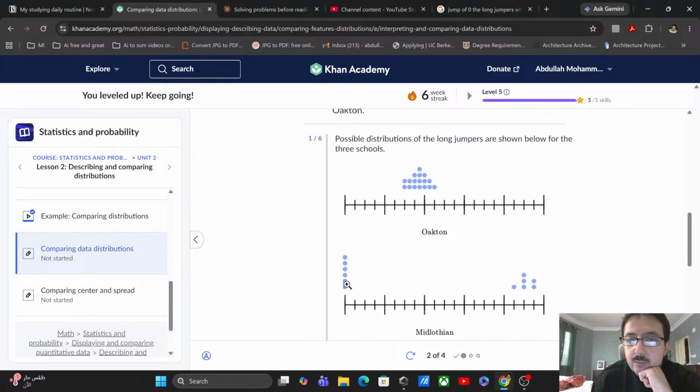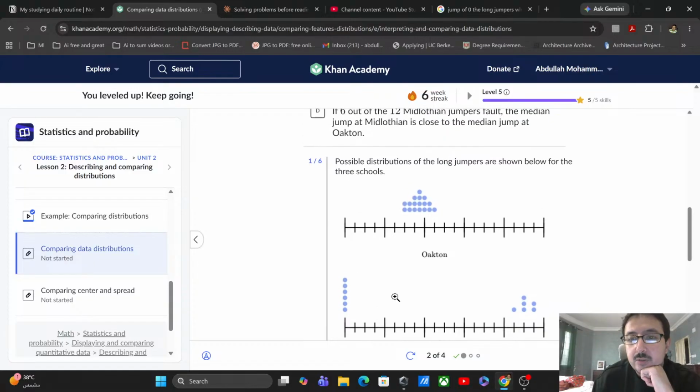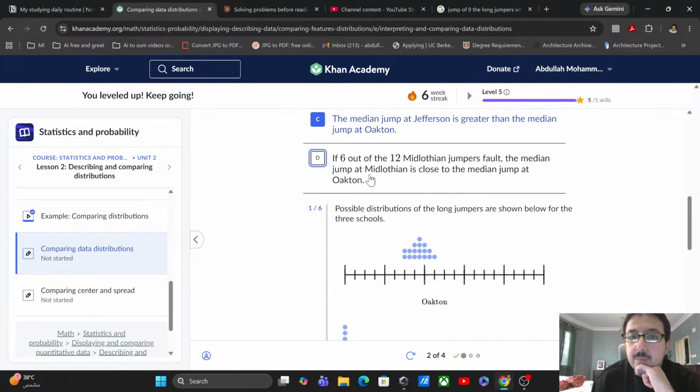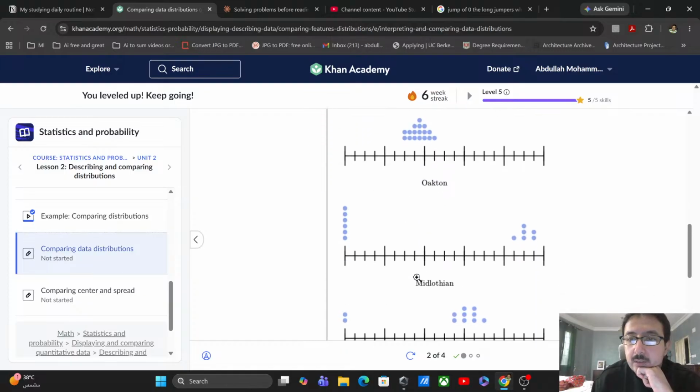How many ones? 5, 6. They fault. Yep. The median jump at Middleton is close to the median jump at Octane.